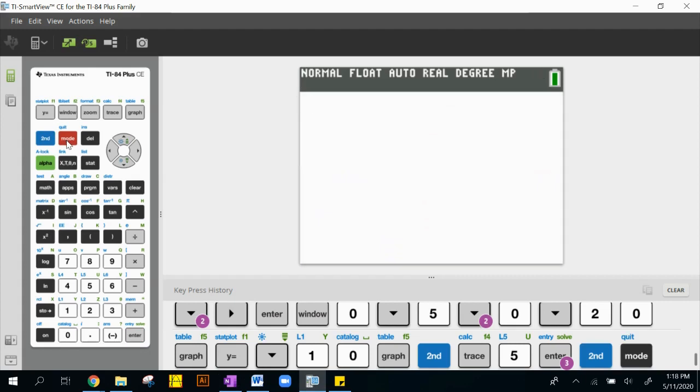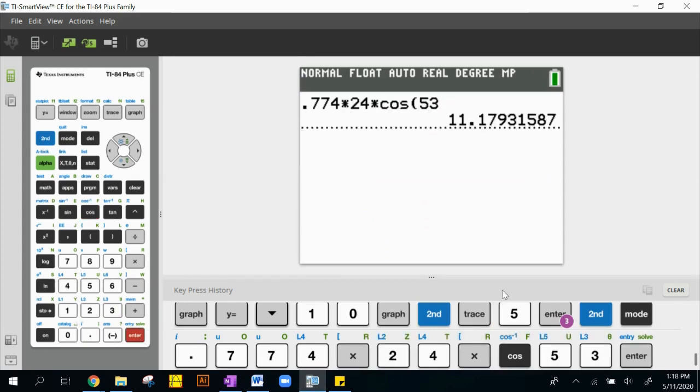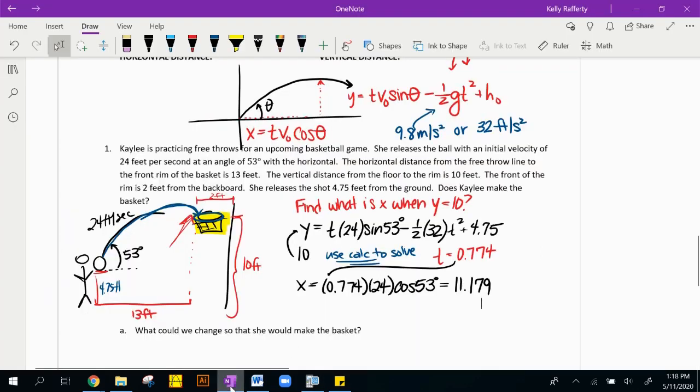I've got 0.774 times 24 times cosine 53. Looking pretty good. So when the ball's at 11.179 feet, it is 10 feet in the air.